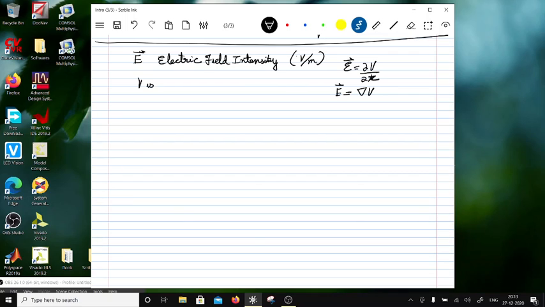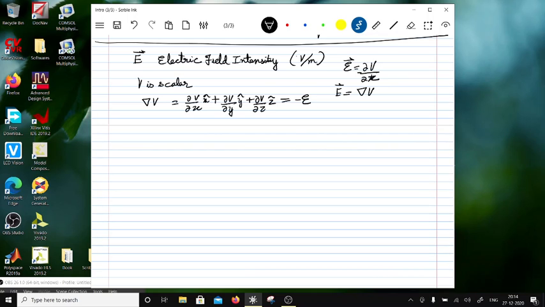If you do a grad of that, for example in a Cartesian coordinate system, dou V by dou x x plus dou V by dou y y plus dou V by dou z z, where x, y, z are unit vectors, that would be defined as grad of V, and that grad of V is minus E.